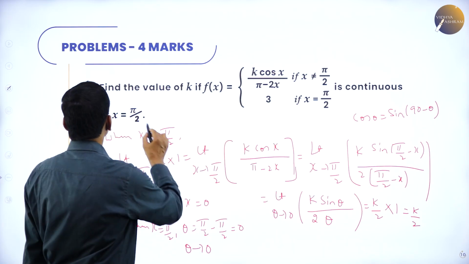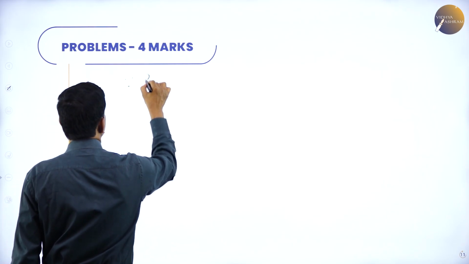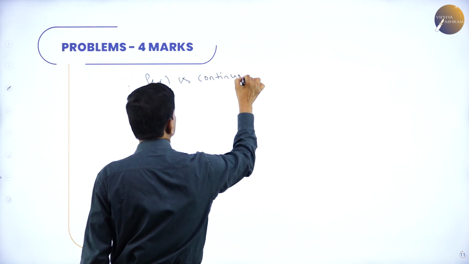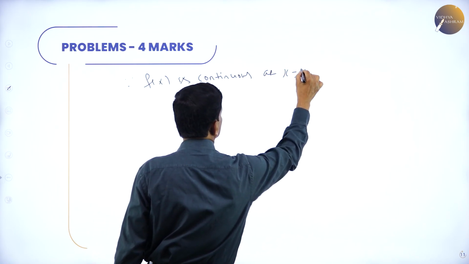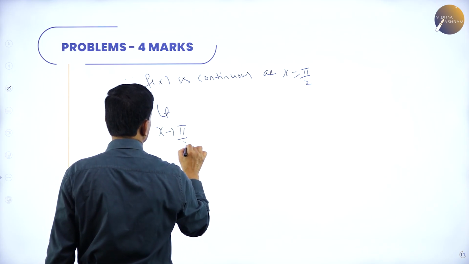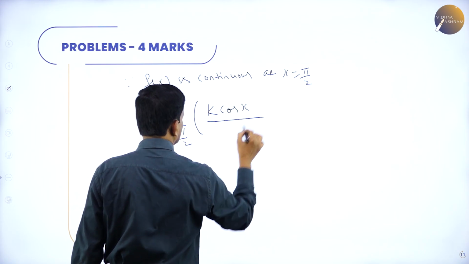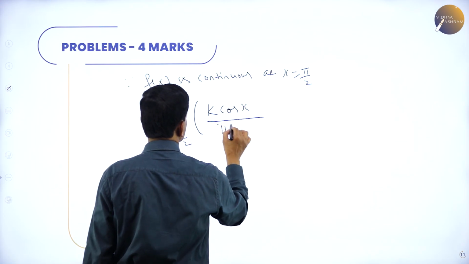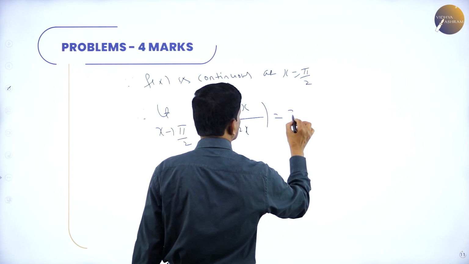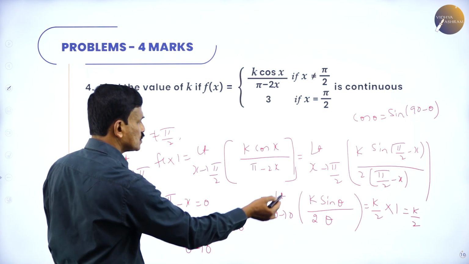Now, what is given is to find the value of k where f of x is continuous. Since f of x is continuous at x equal to pi by 2, the limit as x tends to pi by 2 of k into cos x divided by pi minus 2x is equal to the functional value, which is 3. What value did we get for this limit? It is k by 2.